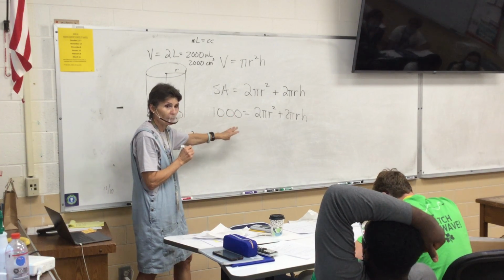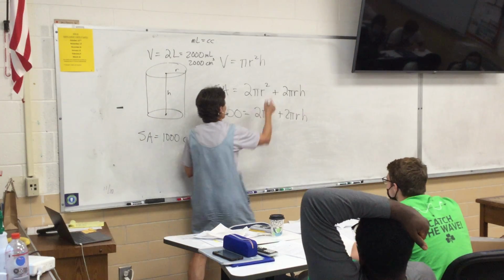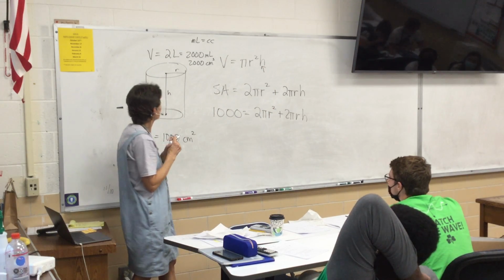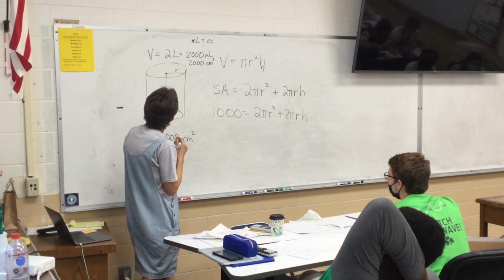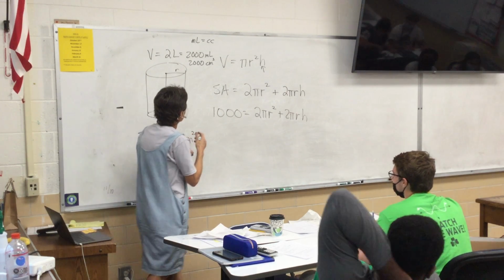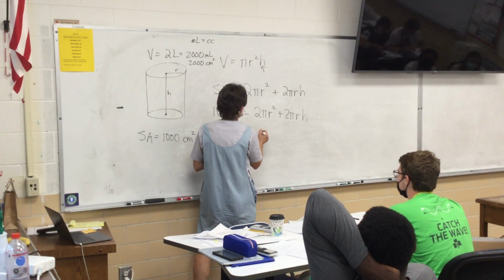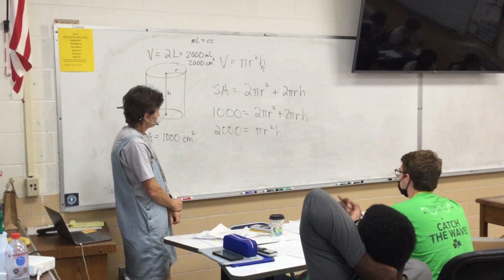Can I get h by itself, and then take that h value and plug it in here and come up with an expression for the volume? Oh, wait a minute, I know the volume too, don't I? Oh, so I know 2,000 equals pi r squared h. That'd be easier to do.